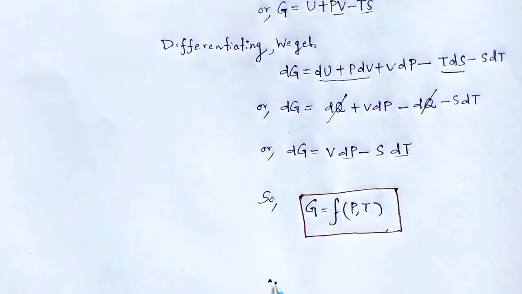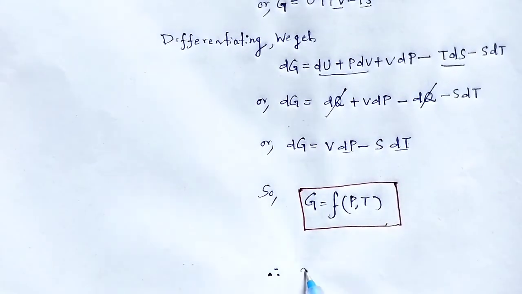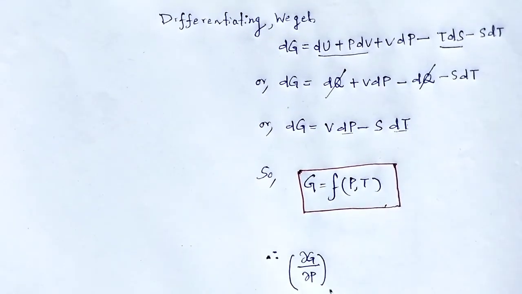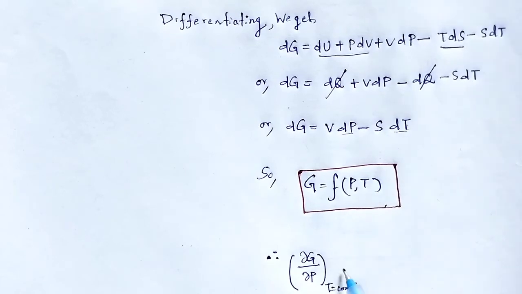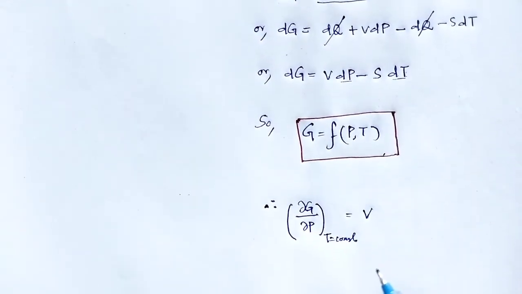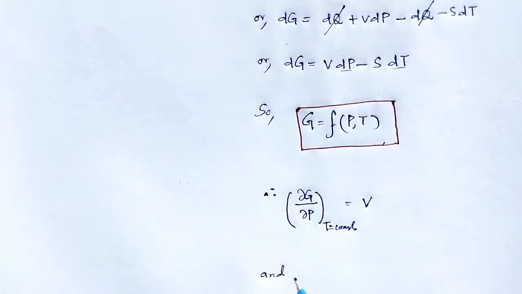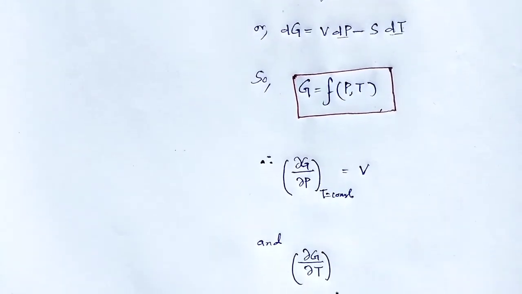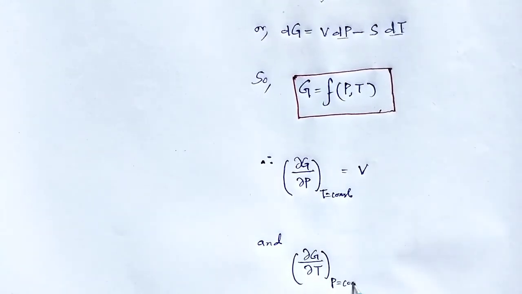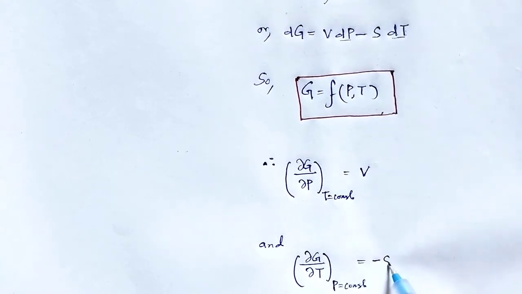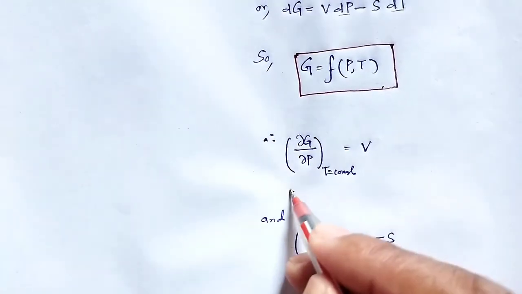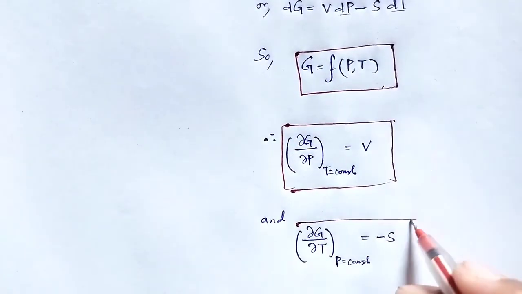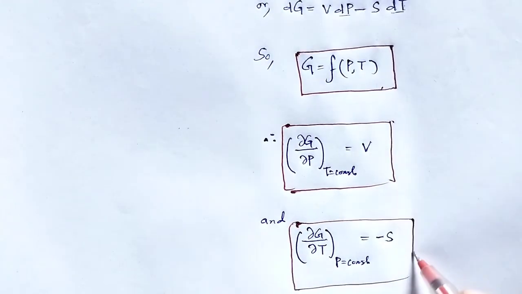So we have del G by del P at T equal to constant, which is V, and del G by del T at P constant, which is minus S. These are the two partial differentials from Gibbs free energy.